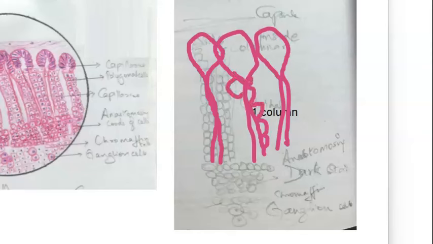You have to draw polygonal cells. And here you have drawn some cells which are columnar, looks like. Like this, columnar cells they are showing here.